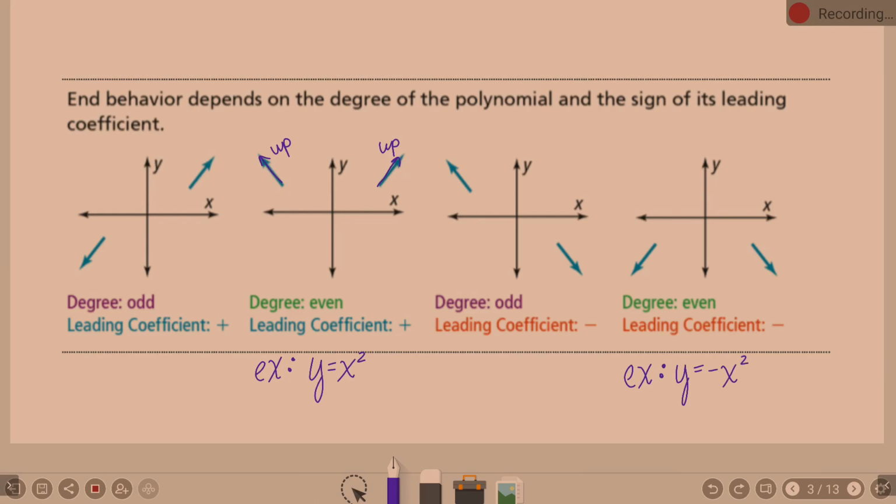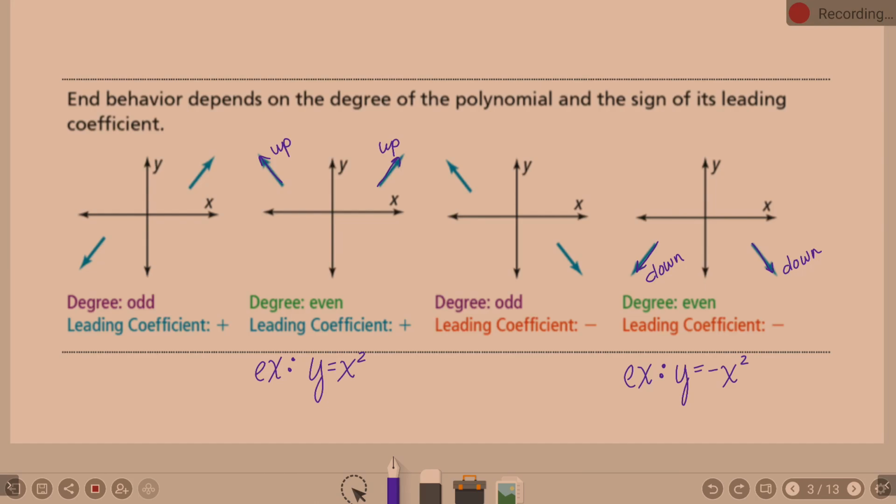So negative x squared, negative x to the fourth, negative x to the sixth, negative x to the eighth. All of those, in the end, are going to go, and you can use the words if you want, down and down. Anytime it's an even power with a negative coefficient. Okay? Those are the two that are easy for you guys to pair up.